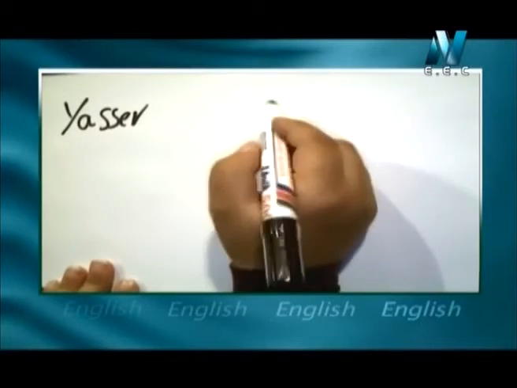This is the comparative form. We said that when I'm comparing between two groups, two persons, or two things. Now, I want to compare between one and a group. For example, I have Yasser and his classmates.